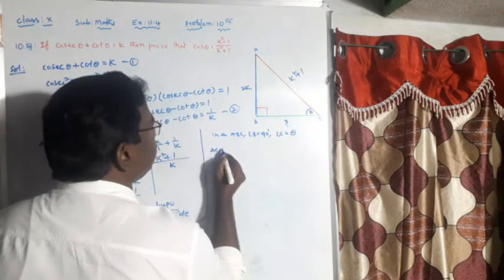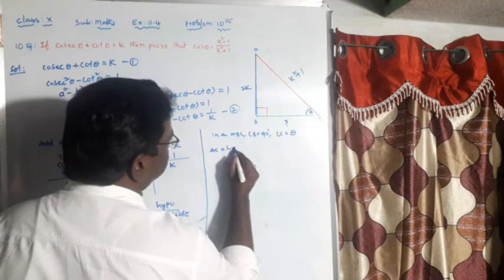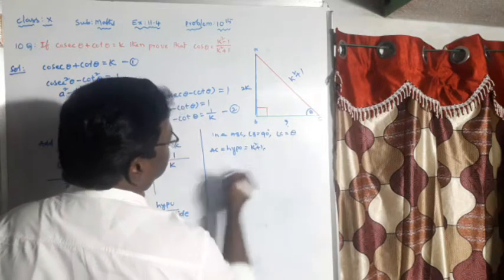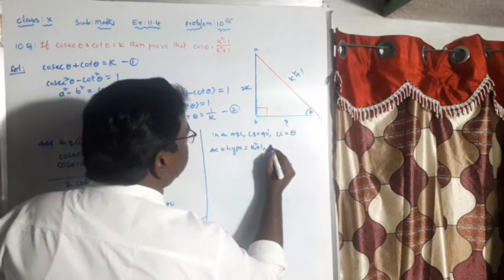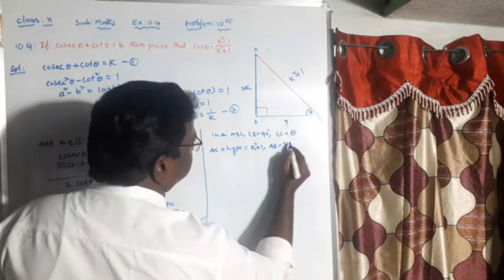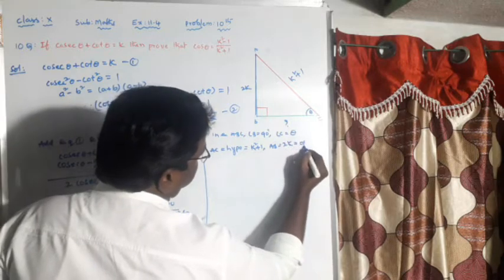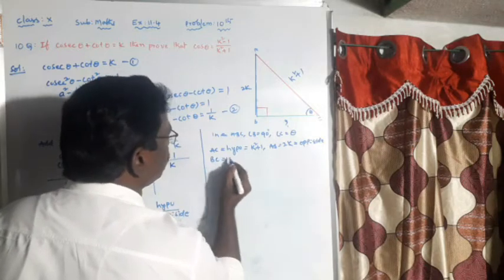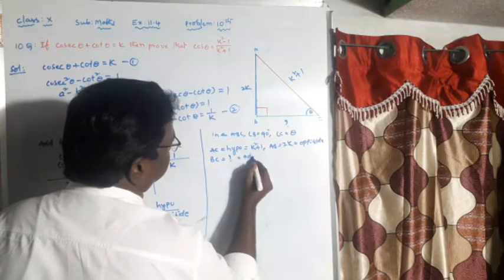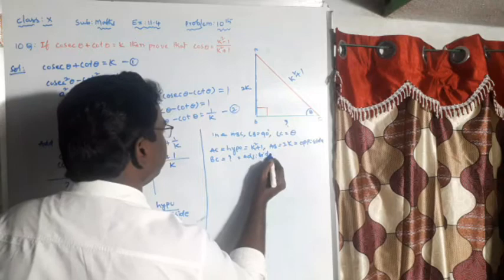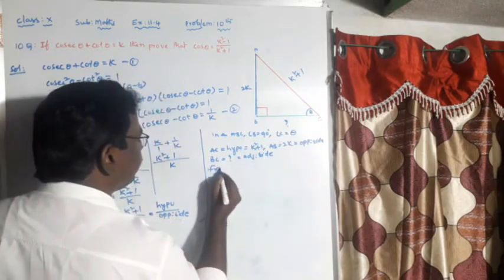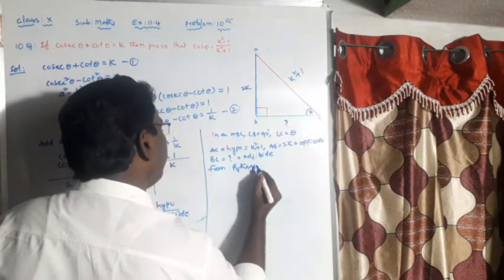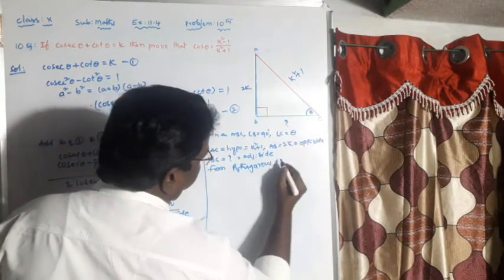Therefore, AC is equal to hypotenuse is equal to k square plus 1. AB is equal to 2k. That is opposite side. Then BC is equal to question mark. That is adjacent side. You can find it from Pythagoras formula.